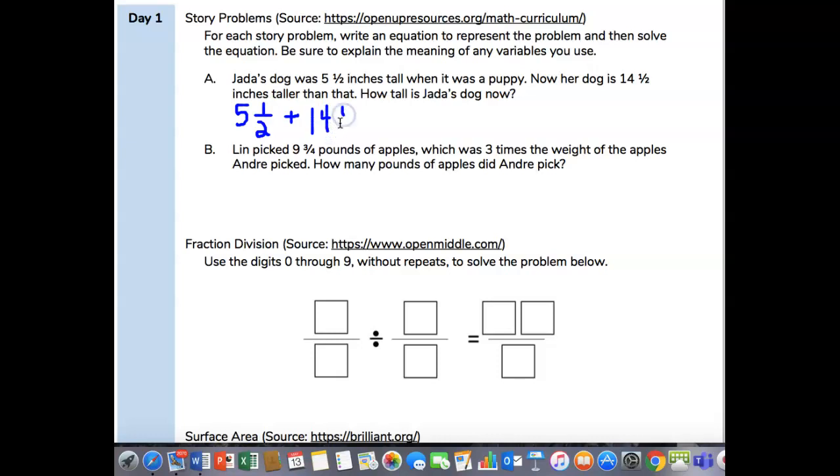We have to find out T, how tall Jada's dog is now. The T means how tall Jada's dog is now.